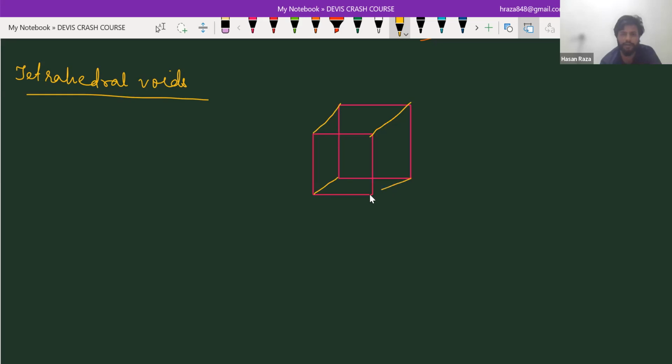How many face diagonals are present in a cube? Six faces are in a cube, right? And in one face we will have two diagonals. So 12. And how many body diagonals are in a cube?